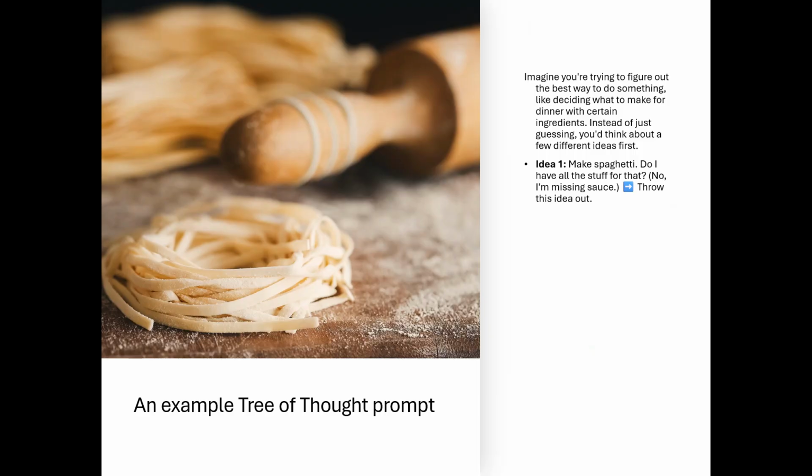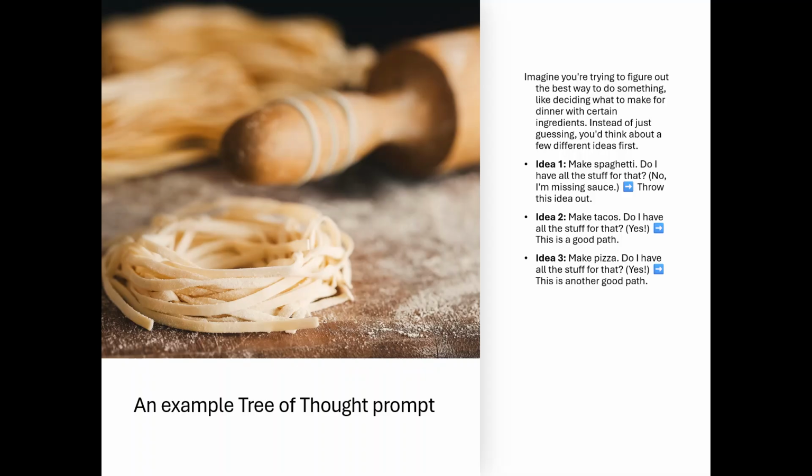So, make spaghetti. Now, you need to think, do I have all the stuff for that? Well, no, I don't, because I haven't got any sauce. So let's throw this idea out and try again. What about tacos? Do I have all the stuff for that? Actually, yes, I do. So this could possibly be a good pathway.